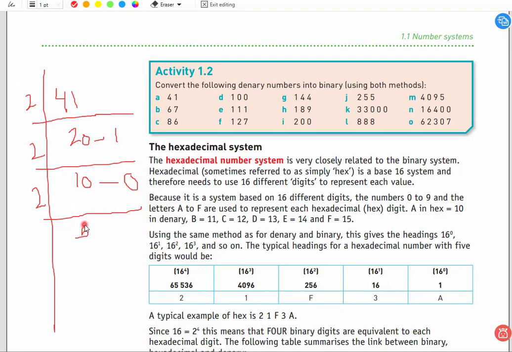Sorry, because I am writing on the computer with my mouse, it looks clumsy, but I hope you are understanding these valid points. Okay, 0 is the result, and then 2, the result is 2 and remainder will be 1. Then we move forward, 2, and here it's a 1, and the result will be 0.